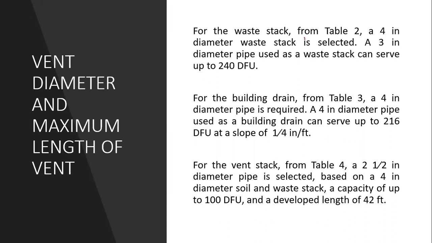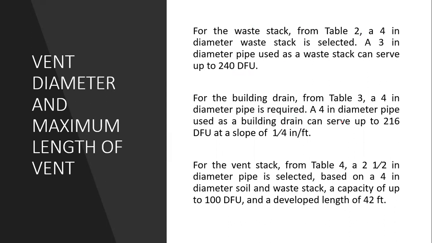For the waste stack from table 2, a 4 inches diameter waste stack is selected. A 4-inch diameter pipe used as a waste stack can serve up to 240 drainage fixture units. For the building drain, from table 3, a 4 inches diameter pipe is required.